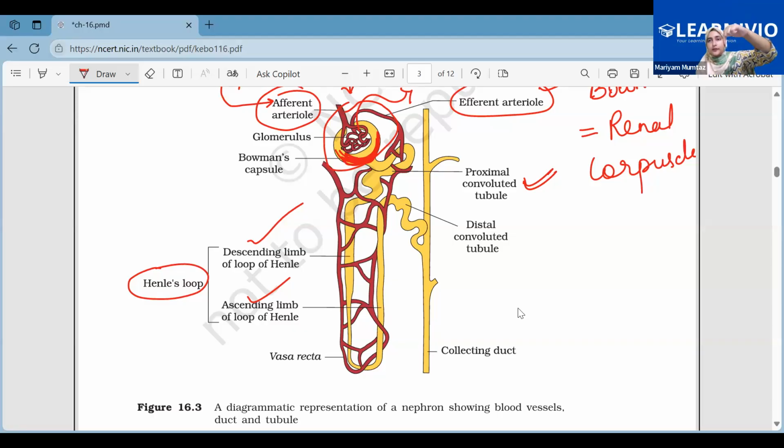From top to bottom it is going, so that is your descending limb. The first limb will be the descending, and then it will come up, and that will be the ascending. So Henle's loop has two parts, the descending limb and the ascending limb.